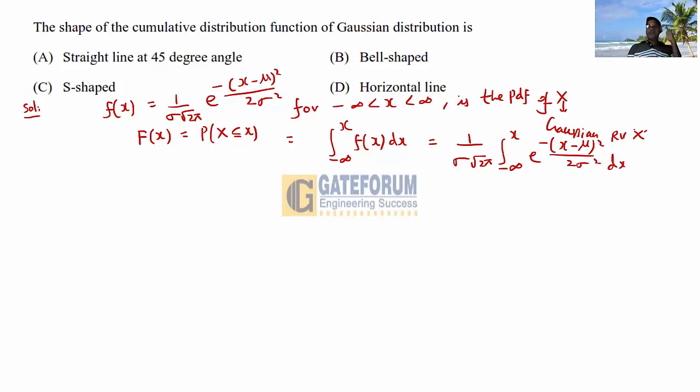Here mu is the mean and sigma square is the variance of the Gaussian random variable. So we know that the Gaussian distribution is bell-shaped.